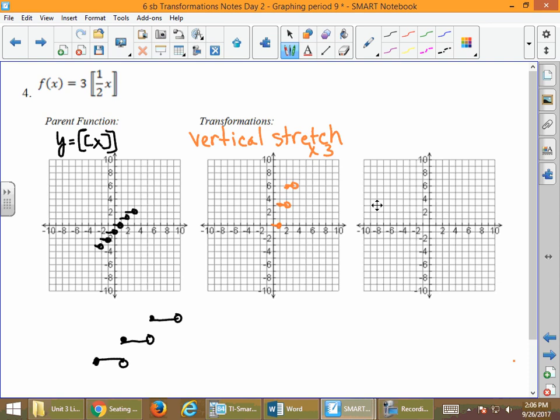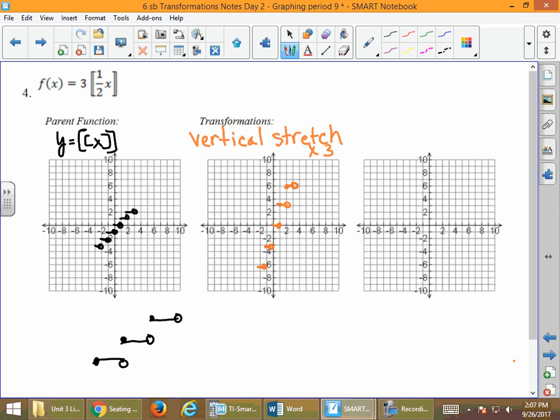And once again, on this particular function especially, once you get the pattern that we're taking stair steps 3 at a time instead of 1 at a time like we did from the parent, we can continue the pattern down here and down there.